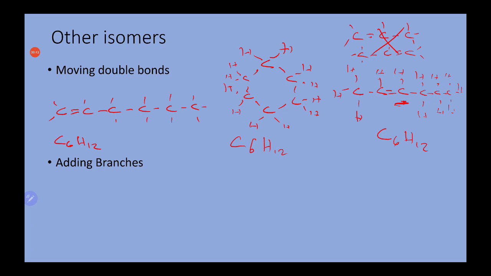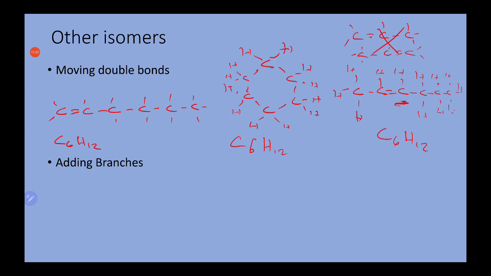The other thing that you can do, particularly with the alkanes, because you might think, how can I draw an isomer of an alkane? They're the only homologous series with the general formula CnH2n+2, so there can't be any isomers. Well, actually there are, because you can add branches.